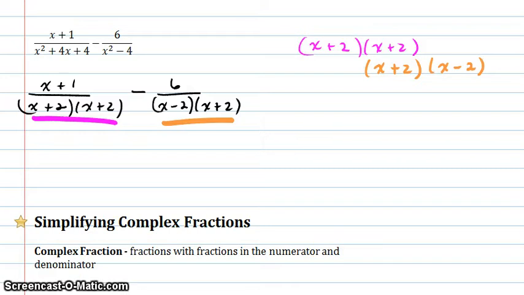Okay, so in the pink, I am missing an x minus 2. See how the orange has an x minus 2 and the pink does not? So I'm going to multiply the pink by x minus 2 over x minus 2. And then I'm going to multiply the orange by another x plus 2, because it needs one more x plus 2.